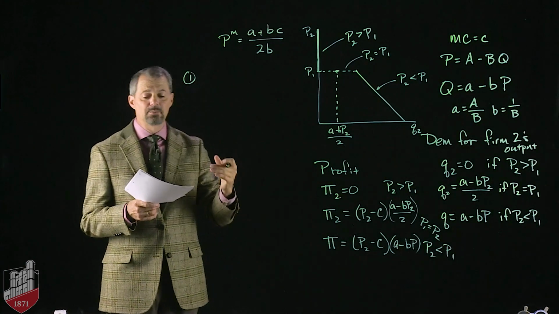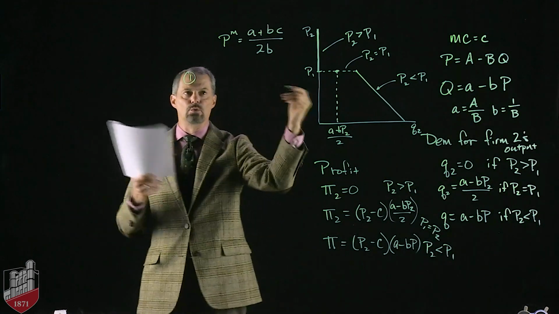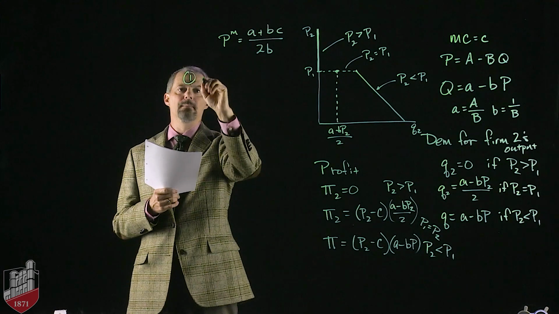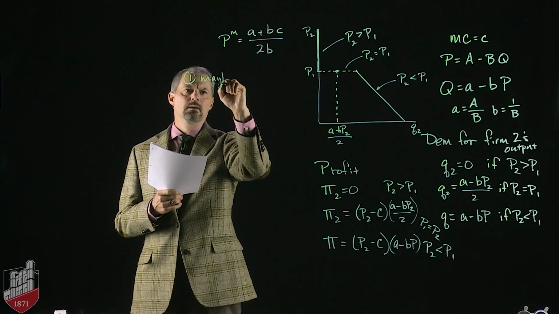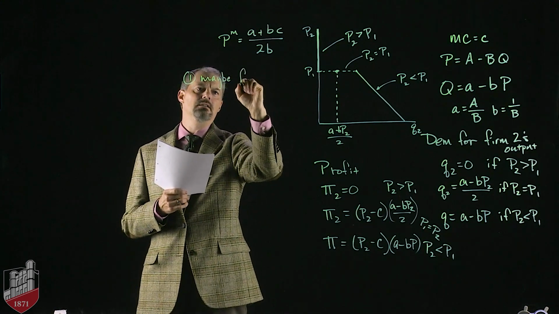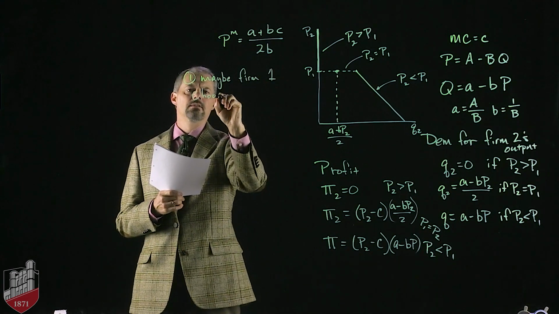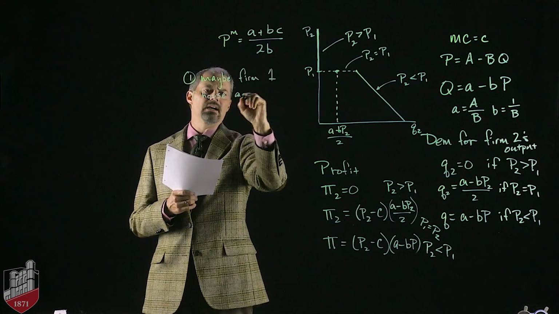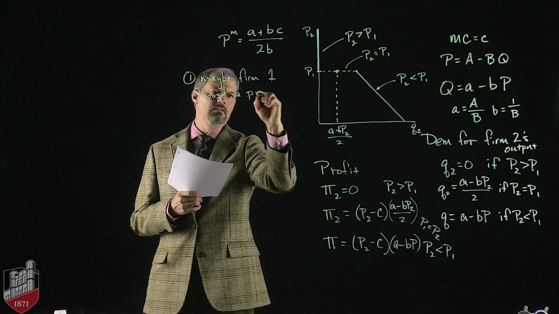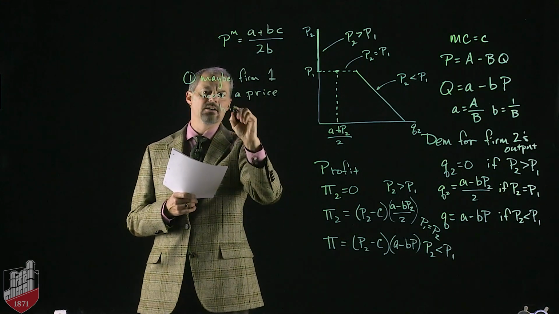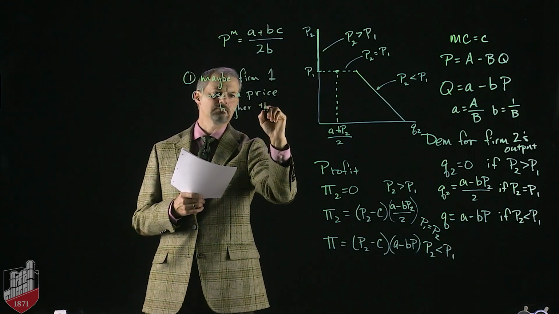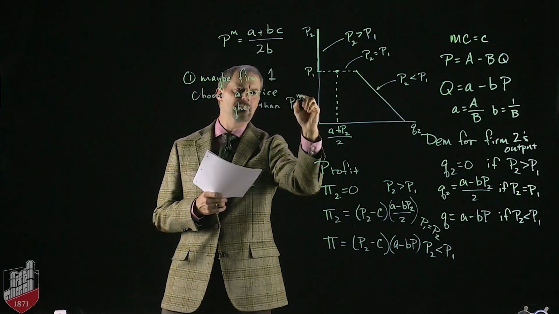So one possibility is that firm 1 could choose a really high price. So maybe firm 1 chooses a price higher than the monopoly price.